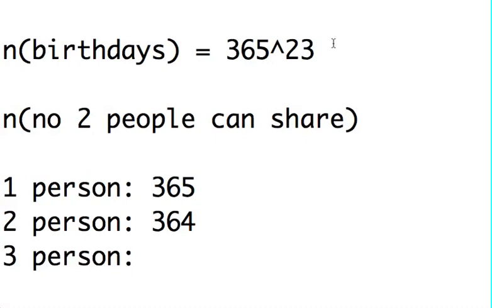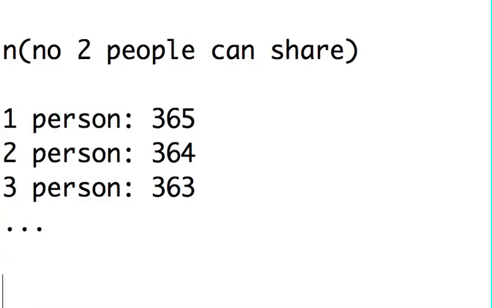The third person can have any birthday except what the first and the second have, so they have 363, etc. This is really 365P23 because we are choosing 23 birthdays out of the 365. The order matters because we're putting the people in order and choosing their birthdays, and we can't repeat, because that's just the assumption. So this number is whatever.